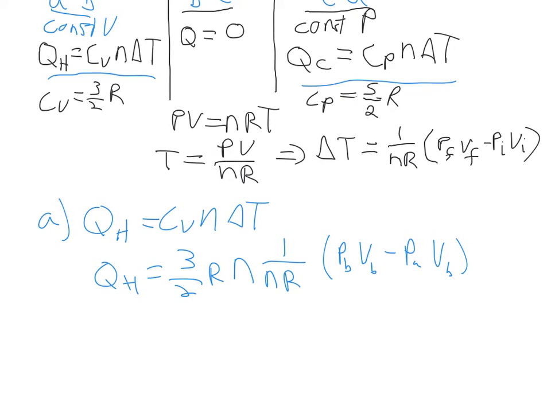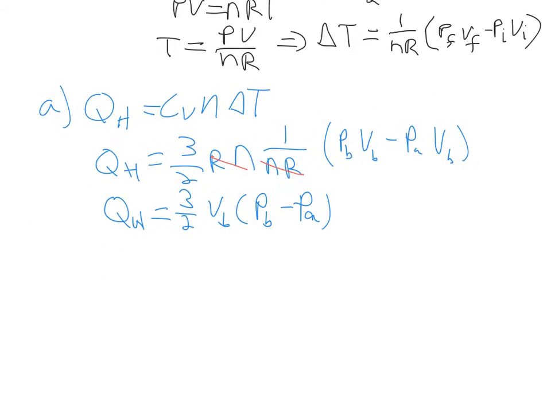Look at this, our N's and R's cancel out. We can pull out that VB, and we find that QH is equal to 3/2 VB multiplied by our change in pressure, PB, which is given to us, minus PA, which we don't have. So if we get PA, then we can solve for our QH.